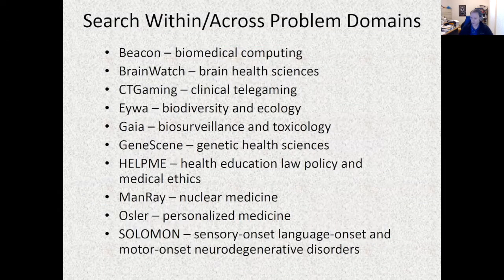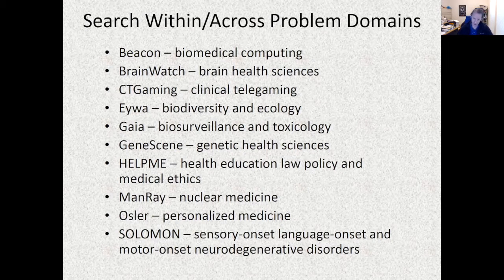But now what about this problem that we in the Portal Doors project are still struggling with regard to cyber silos. When is it good to have a cyber silo? When is it not so good to have a cyber silo? And can we, in fact, search not only within a problem-oriented domain, but can we search across problem-oriented domains?